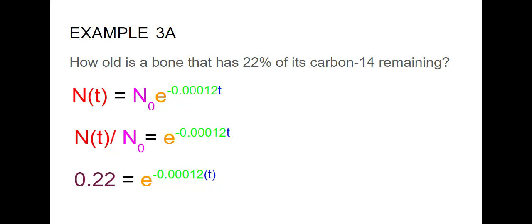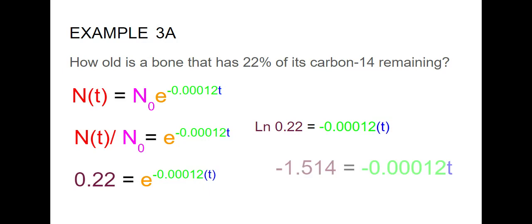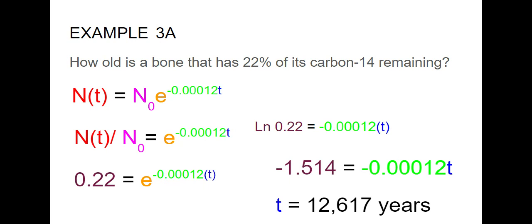So we have natural log of 0.22 is equal to negative 0.00012 t. Then just do the procedure in your calculator, divide by negative 0.00012, and we end up with 12,617 years. And is this reasonable?